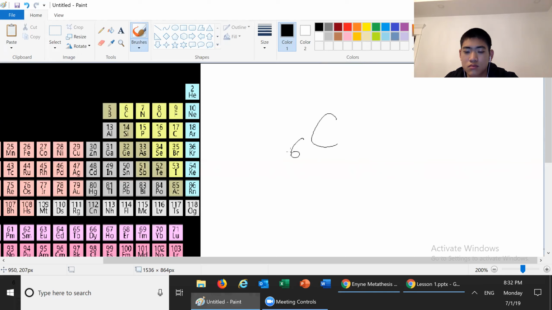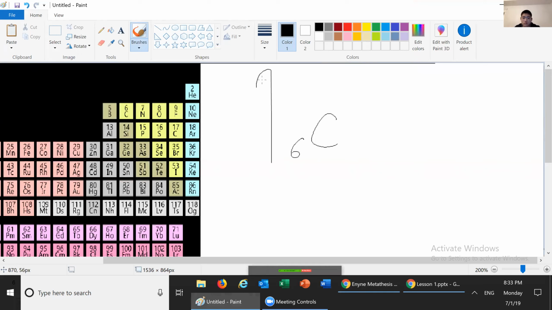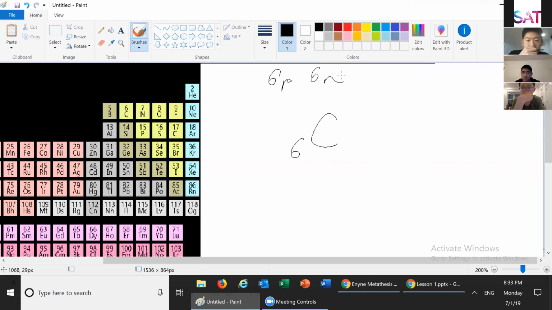In this case, does someone want to tell me what the mass number is? 12. The mass number is the total of the protons and the neutrons, right? So in this case, it's just 6 plus 6, which is 12. So for this isotope of carbon, we'll write down the symbol as this.